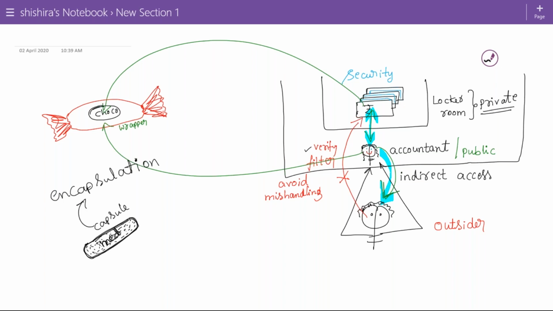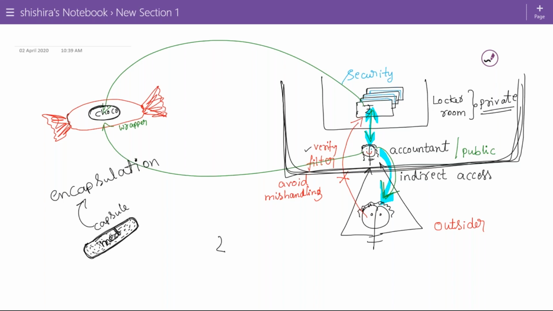So this capsule has something to do with encapsulation. Now observe, my chocolate is also encapsulated by this wrapper, so this chocolate is protected by this particular wrapper. In the same way, your chocolate called money is encapsulated. Are you clear?